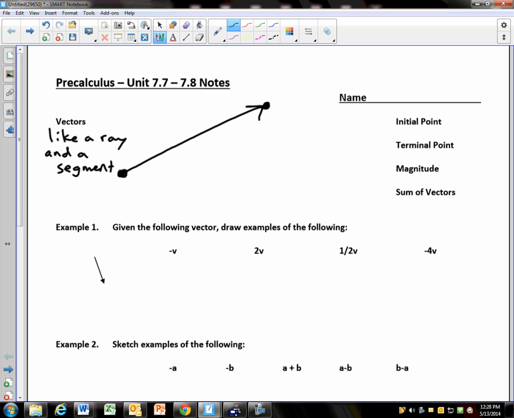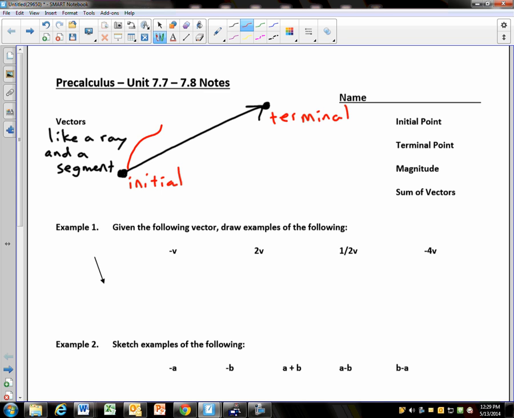So vectors have this beginning point. It's called an initial point. And a terminal point. And then I talked about that force, okay? 1 pound versus 200 pounds.